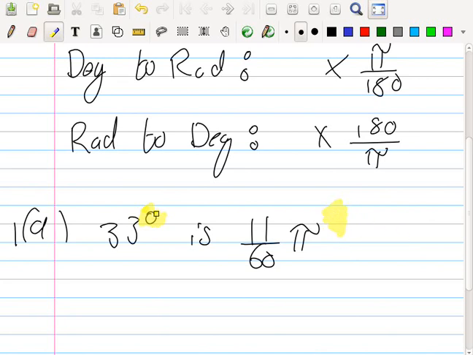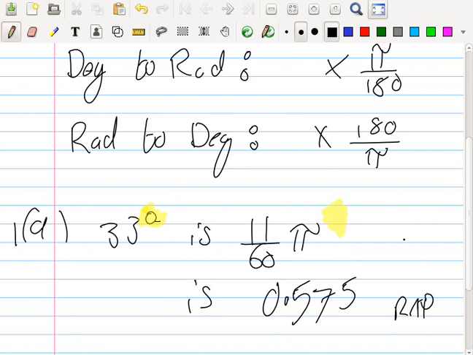The fact that the degree symbol is absent is enough. Just like that. So what is this in decimals? 0.575. And some people write radians, but like I said, it is not necessary, because again, the absence of the degree symbol automatically makes it radians.